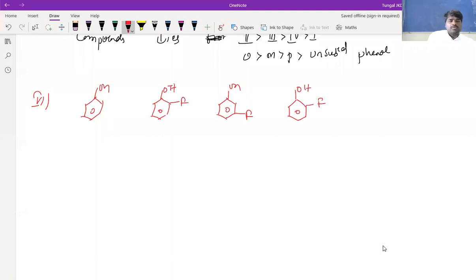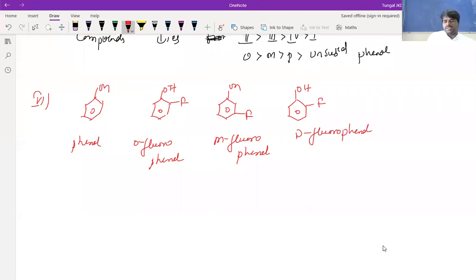This is phenol, this is orthofluorophenol, this is metafluorophenol, and this is parafluorophenol. So this is your first, second, third, fourth.